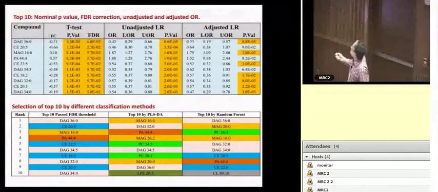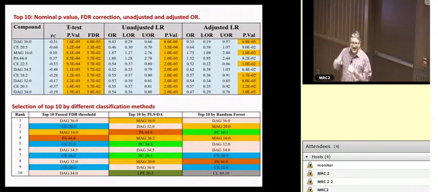This is the unadjusted logistic regression model that provides the odds ratio for the corresponding lipid species, and this column provides you with adjusted logistic regression coefficients and estimations, and you would see that overall the lipids that are identified by FDR, by PLSDA, and by random forest are about the same, suggesting that no matter what kind of classification method you're using, they have good convergence, and the outcome of the methods were highly concordant.